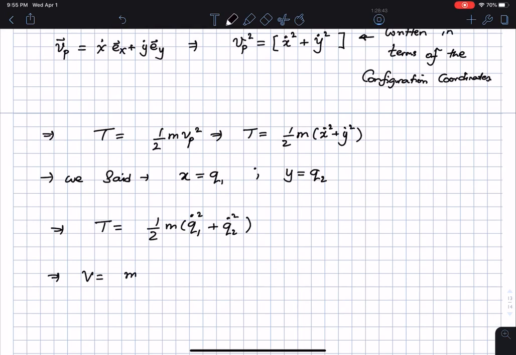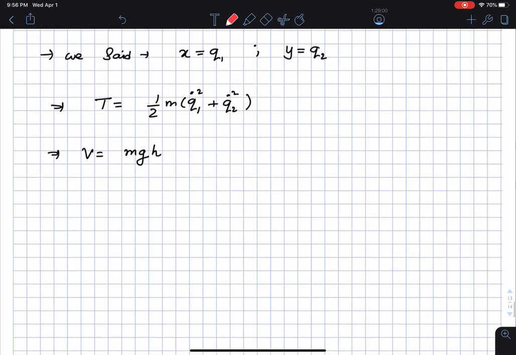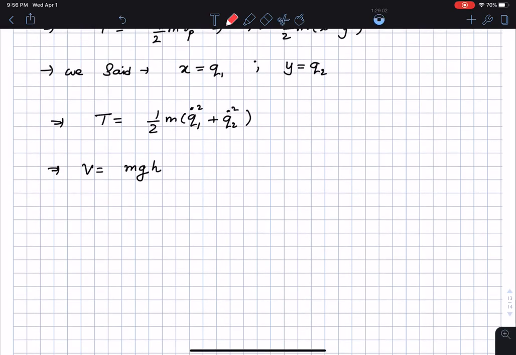is m times g times h. Okay, this is by making use of the horizontal line here as the datum, so I'm going to choose this line as the datum. And you see that the height h is the height of the point P, the center of mass of the block, from the datum. But instead of writing it this way, I'm going to write it as mg times q2.